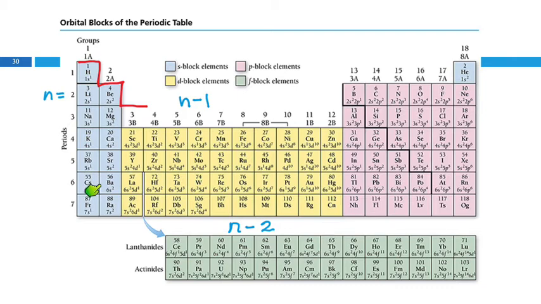So this is 6s, and there's 1 here, and we're just going to skip over him and do these guys. So n-2, this is coming from row 6. 6 minus 2 is 4. So this is 4f, and we get back to these guys, n-1, 5d, and this is 6p, and 7s, and 5f, and 6d, and 7p.